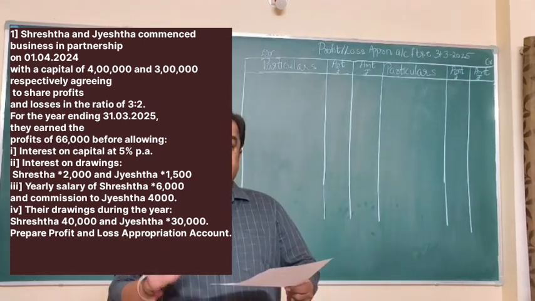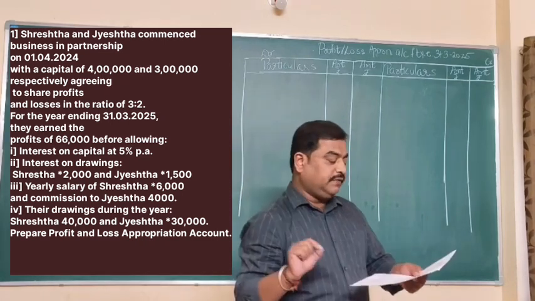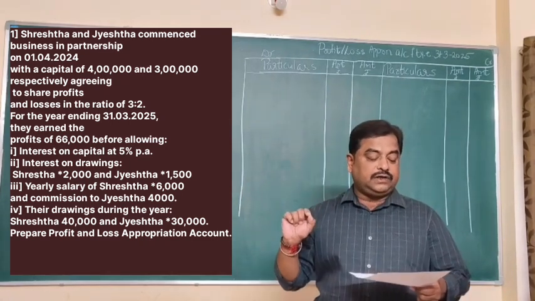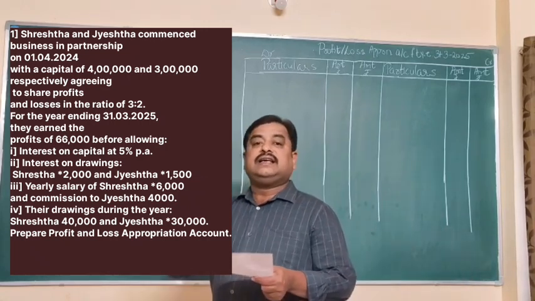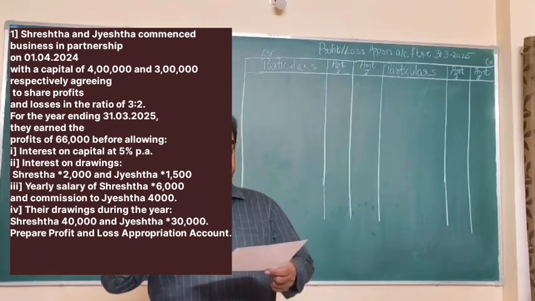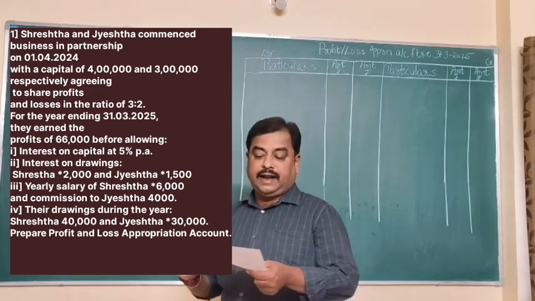For the year ending 31st March 2025. So the year end is 31st March. They earned the profits of rupees 66,000. So net profit transferred is 66,000 rupees before allowing interest on capital at 5% per annum.